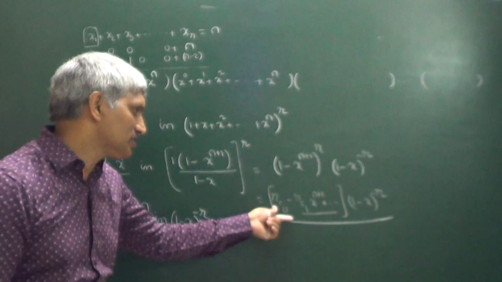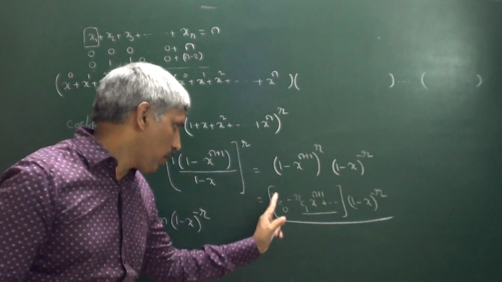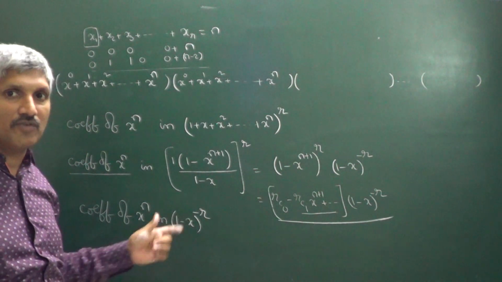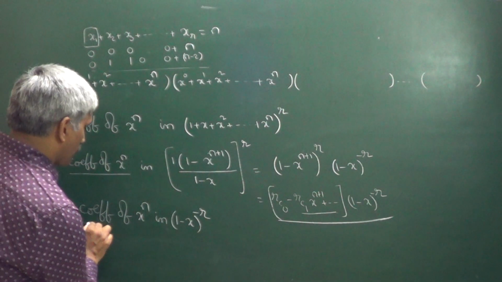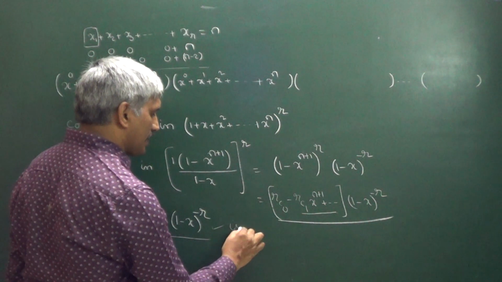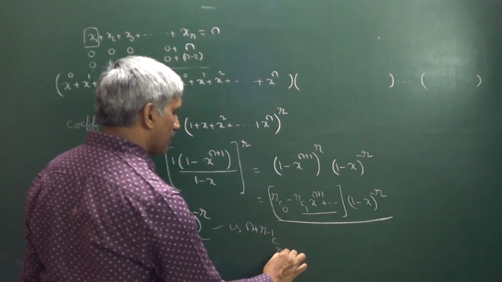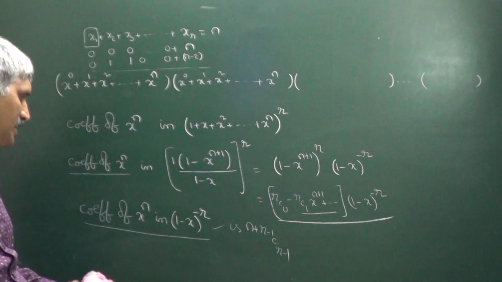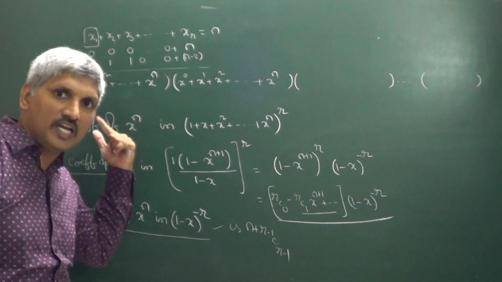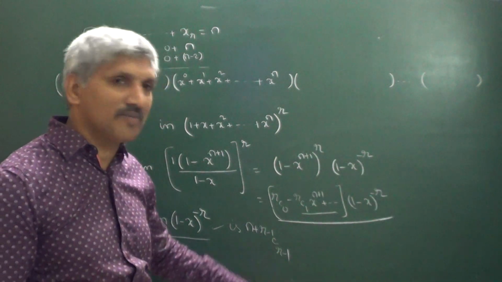That means rC0 is 1, 1 multiplied with this. The coefficient of x to the power of n we have to find out. Now you know the coefficient of x to the power of n in the expansion of this, as we discussed earlier, is nothing but (n + r − 1)C(r − 1).